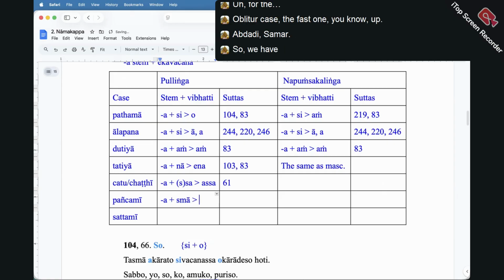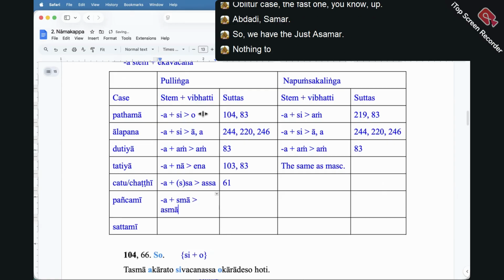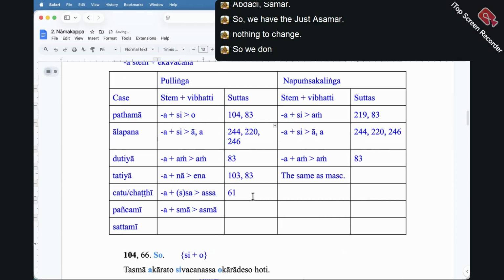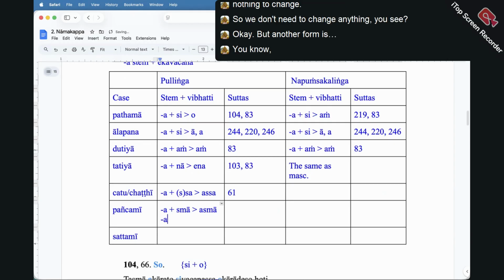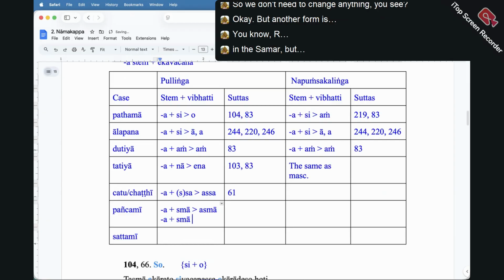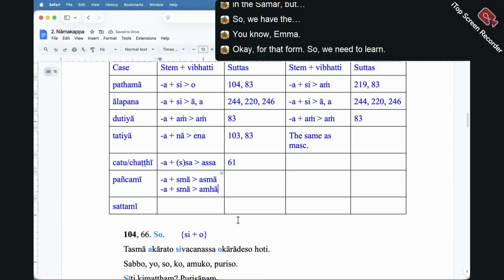So we have just asama, nothing to change. So we don't need to change anything, you see. Okay. But another form is a and the sama, so we have amma. For that form, we need to learn.